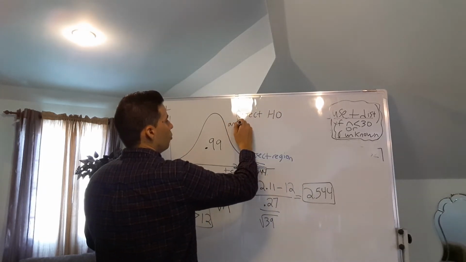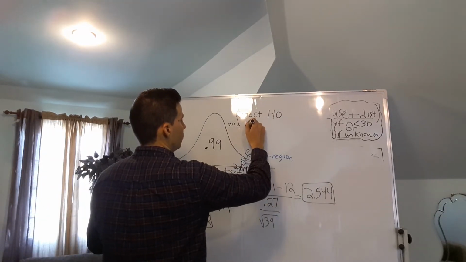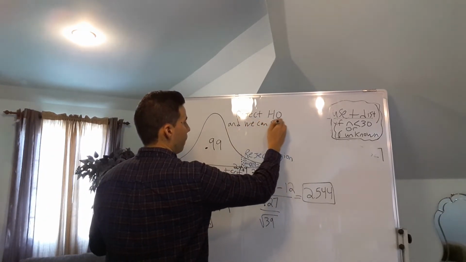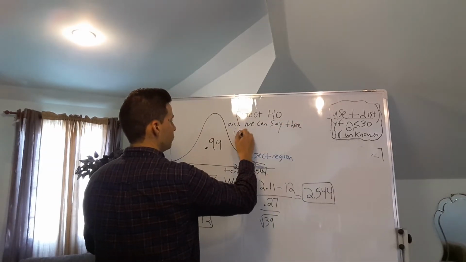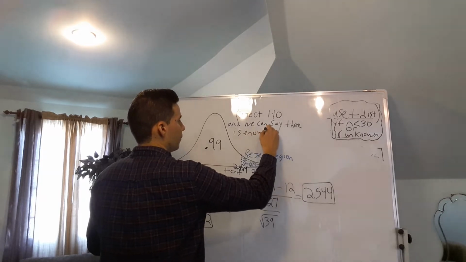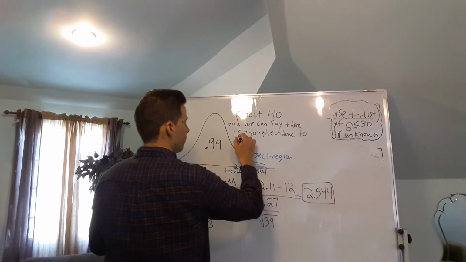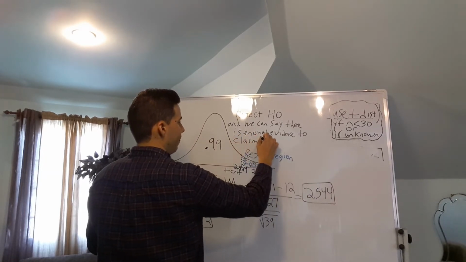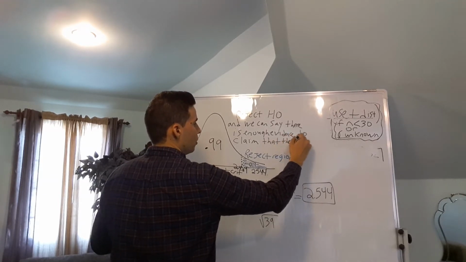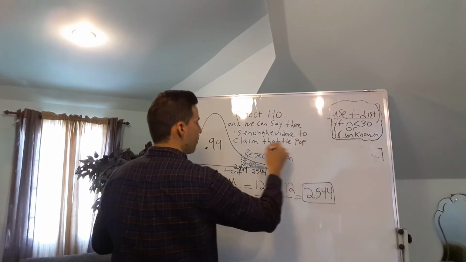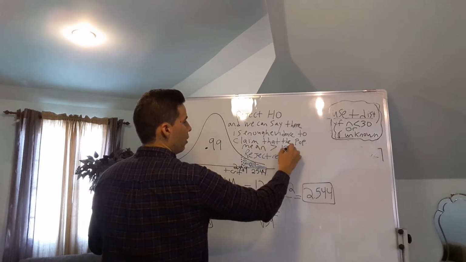And we're going to say there is enough evidence to claim that the population mean is greater than 12 ounces.